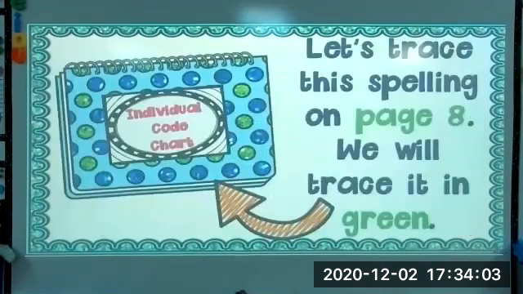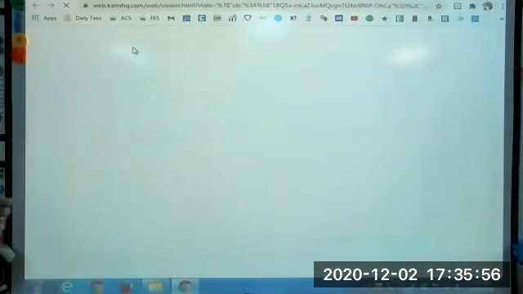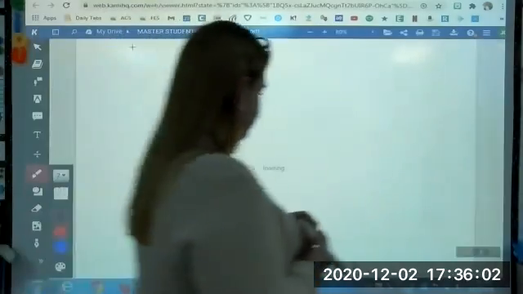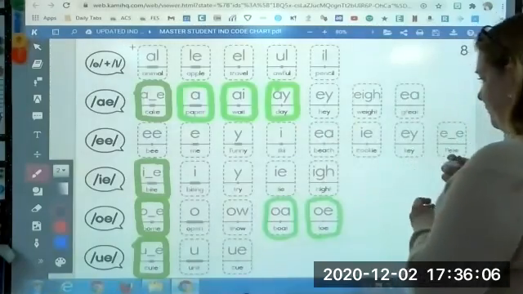So we need to make sure we do our flip chart. So I'm going to open up to our flip book. Just 1 second. Okay, so we're going to open up our flip book so we can circle the letter O for the sound O. And because it's a vowel sound, what color are we going to do it in?